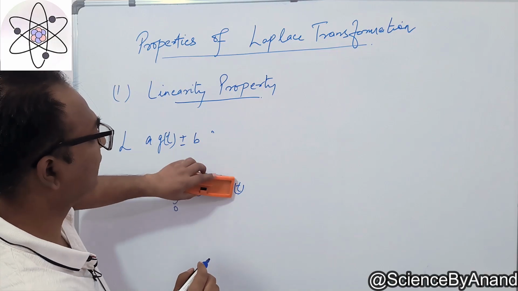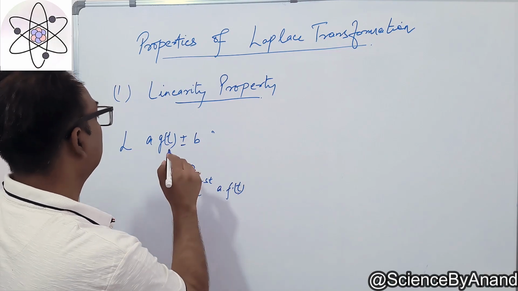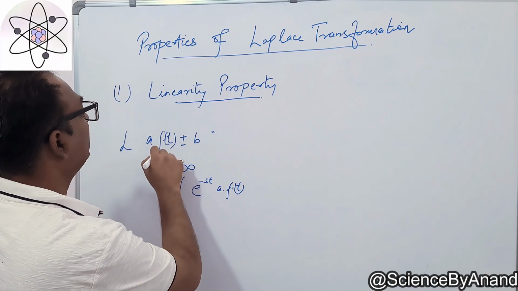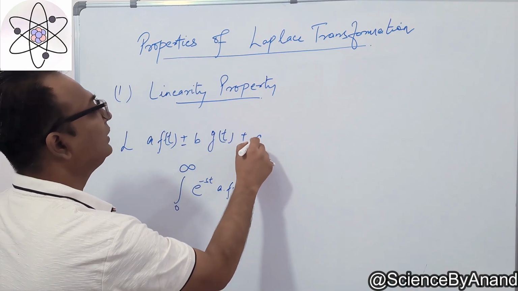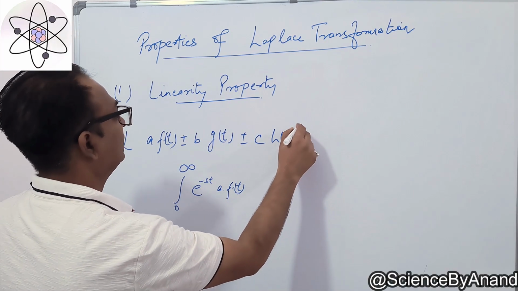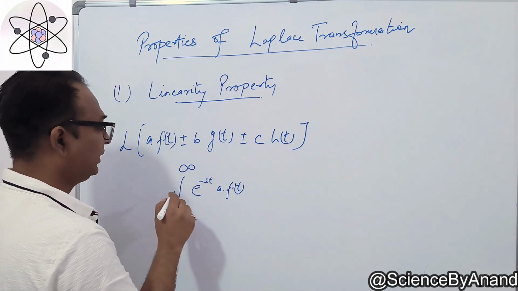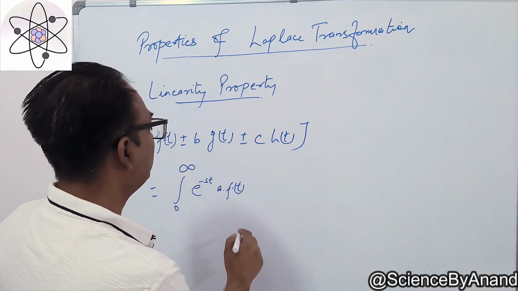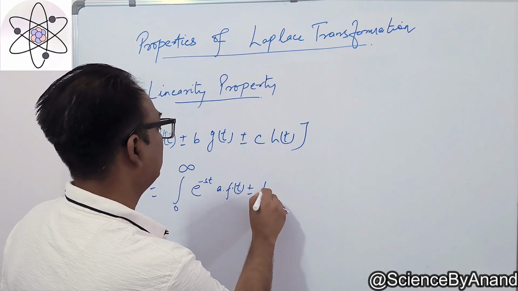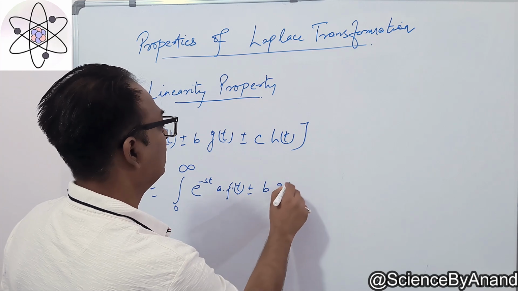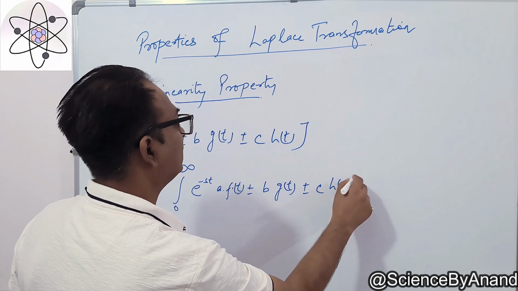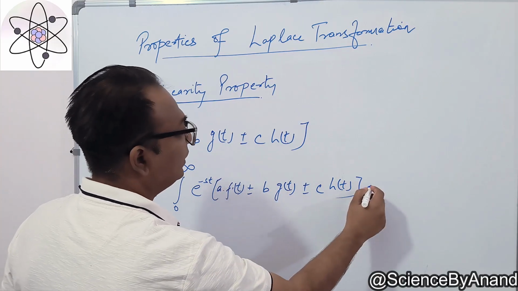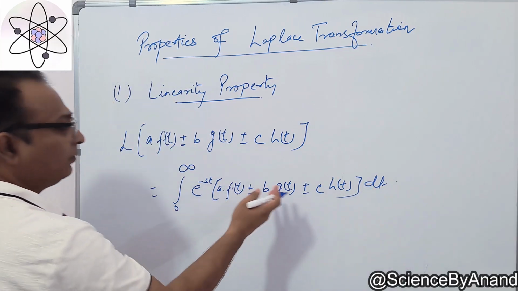Let the first function be f. So this will be a f(t) plus b g(t) plus c h(t). So this will become the integral from 0 to infinity of this plus b g(t) plus c h(t) dt.